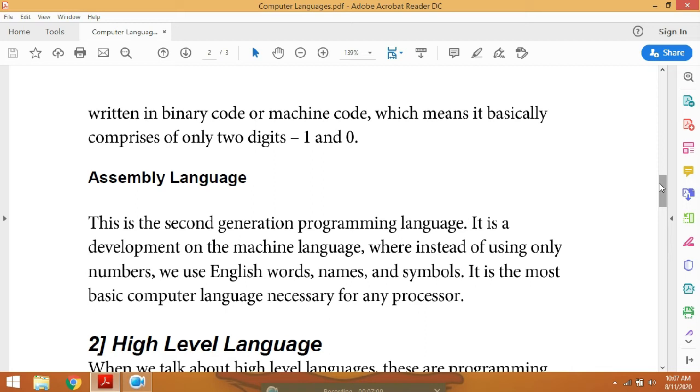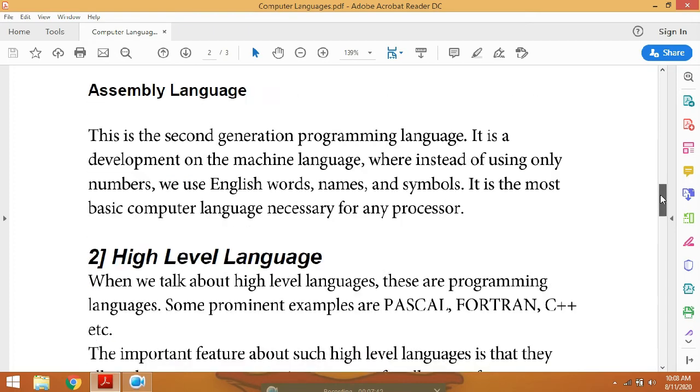So some English words, some binary terms, and some symbols are used. It is a mix of all things, and we can call it neither a high level language nor a machine language. It is a middle level language in between, basically used for the processors. In your term, we call it a CPU.